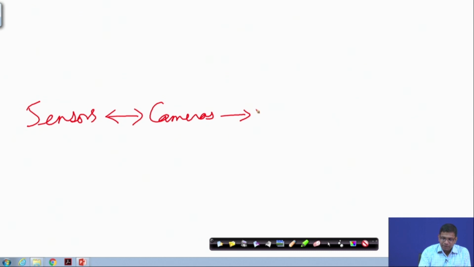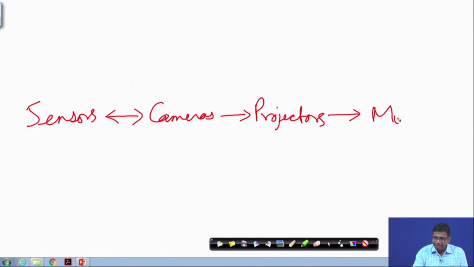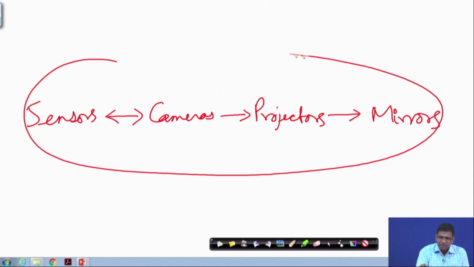Then we have the projectors. These projectors project the information about the environment, and then we have the mirrors. This is the reflection system. So, these are some of the different components of AR and how together the AR systems work.